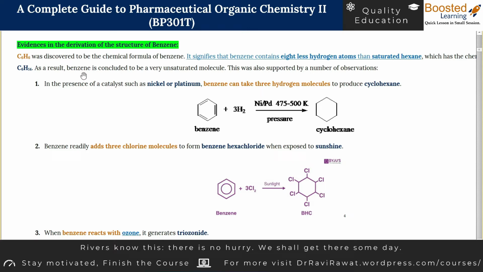These schemes or experiments were conducted by different scientists. So evidences from different people were collected, and the structure was tried to be derived out of these experimental results. So without further ado, let us jump towards what we are going to study today.